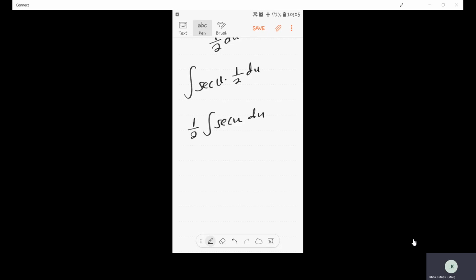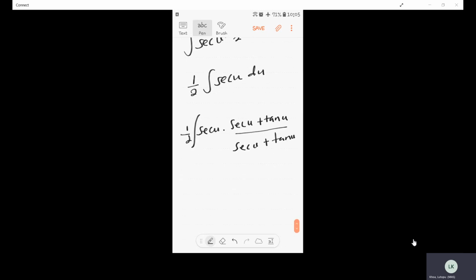So I will multiply this half integral of sec u by sec u plus tan u over sec u plus tan u. Now the reason I multiply this is when I multiply out the numerator, I get sec squared u, and then I get sec u tan u. Okay, now this is all with respect to u, by the way.